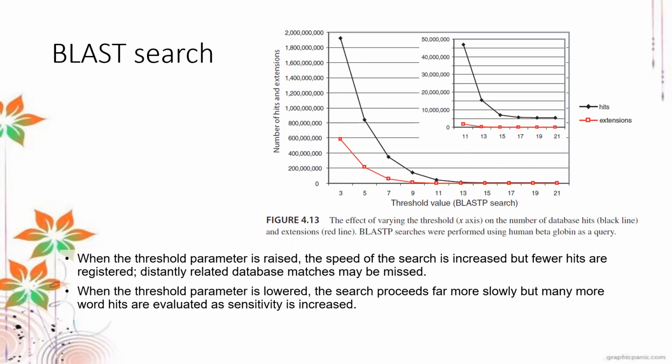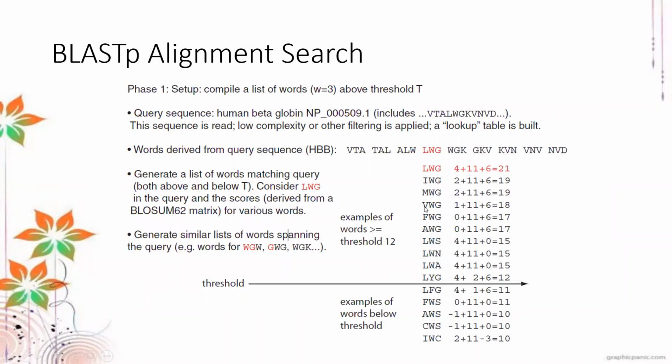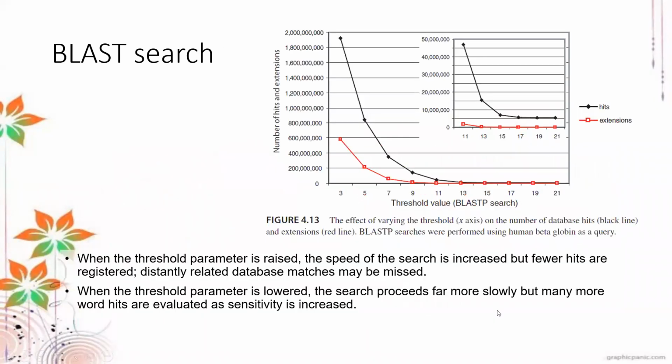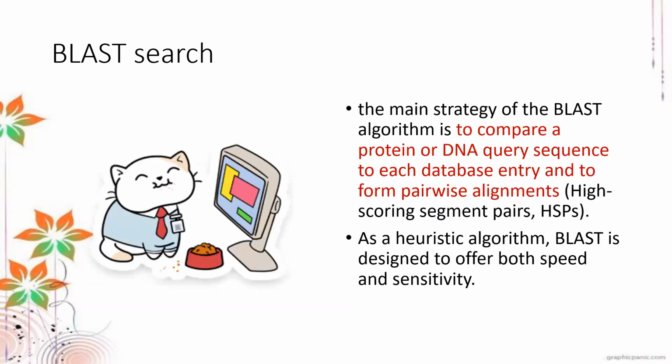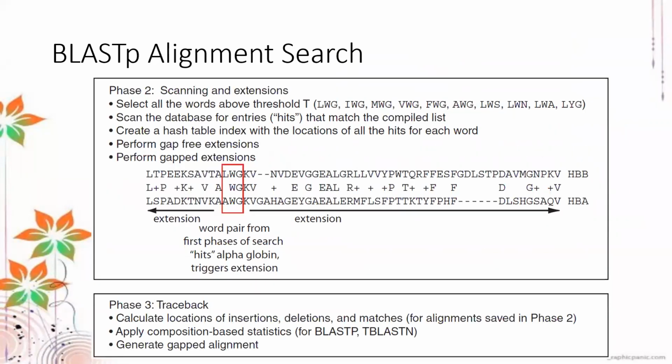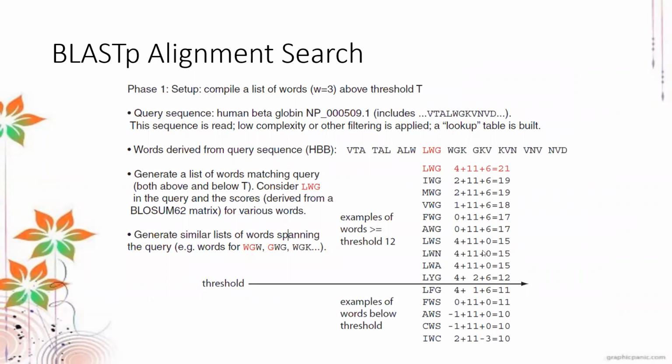So in a BLAST search, when you do the threshold value, going back to this BLAST search, we specify a certain threshold value. This is more of an arbitrary value depending on what you align, but we generally just use the recommended one from BLAST. So when the threshold parameter is raised, the speed of the search is increased, but fewer hits are registered, and distantly related database matches might be missed, because if you have a higher threshold value, that means you want a higher score.